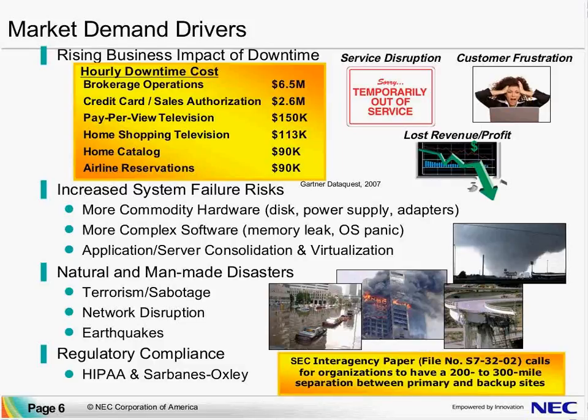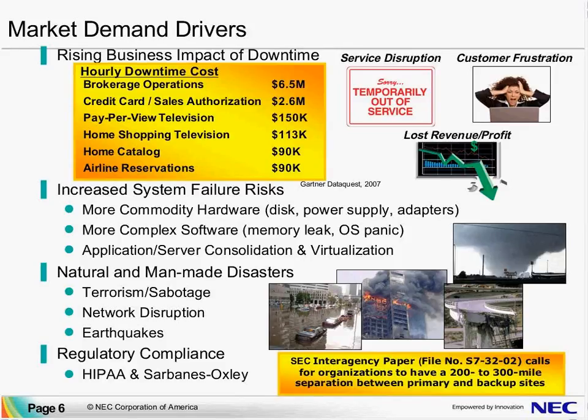That can cause loss in productivity and profit, for example. On the left-hand side, there's a table from Gartner's research looking at the typical downtime cost per hour for some of the major industries. It's quite significant, and that's one key reason driving the demand for solutions like ExpressCluster.